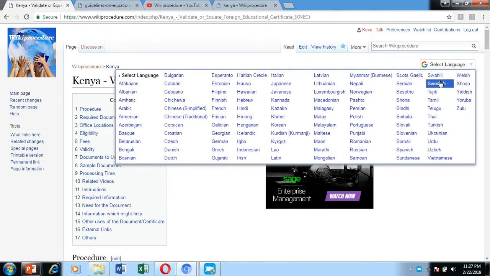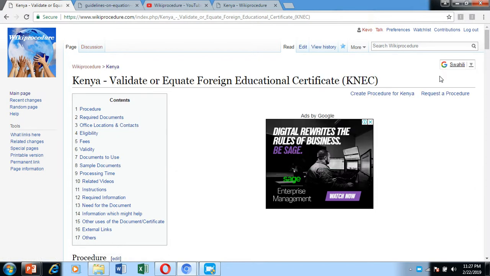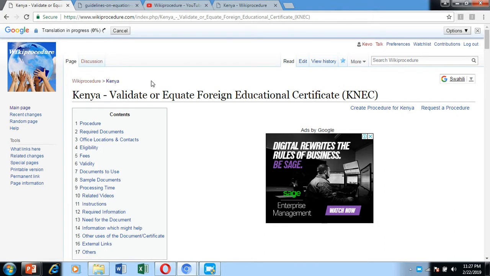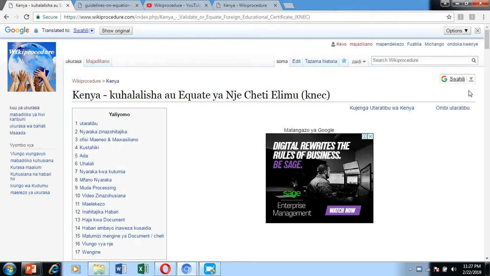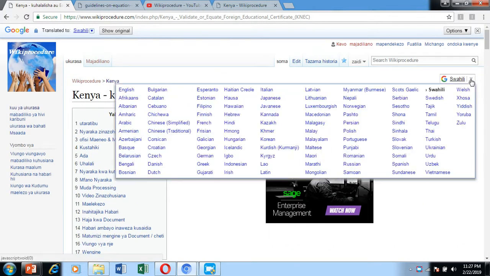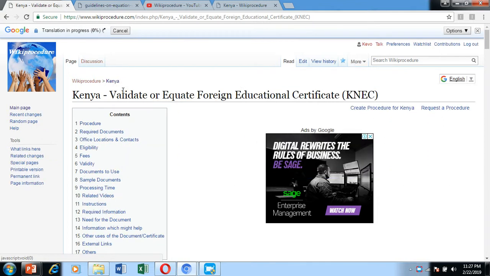Like in Kenya, you can choose the Swahili option, and by choosing it, this page is going to be translated to Swahili if that is your preferred language. Right now you see it has already been translated, but for our purposes we are just going to go with the English version.